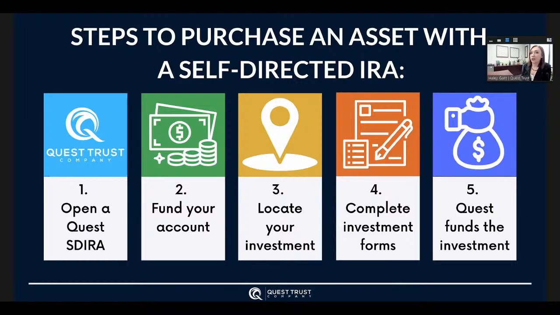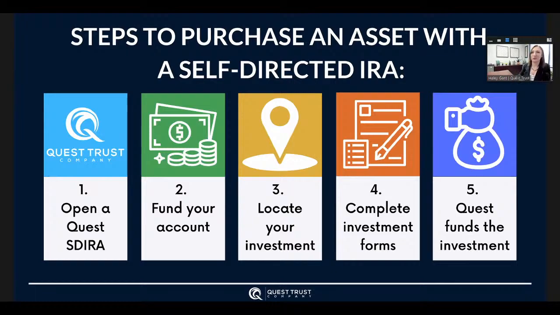Now, there's a few different ways that you can fund your IRA here at Quest. You can transfer funds from an existing IRA that you have, and we see a lot of people do this. You can transfer the cash back and forth between your IRAs at two different custodians at any time, however you want to. Now, since we hold different types of assets than most other custodians, you can't transfer your stocks over to Quest.